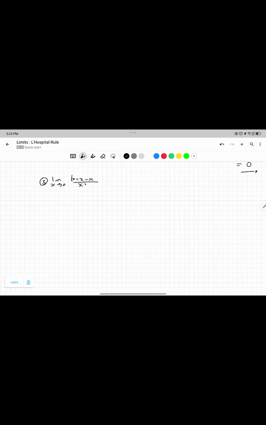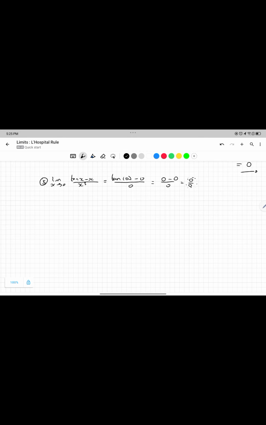We will have tan 0 minus 0 all over 0 cubed, which is 0. Tan 0 is 0, so 0 minus 0 all over 0 equals 0 over 0, which is an indeterminate.